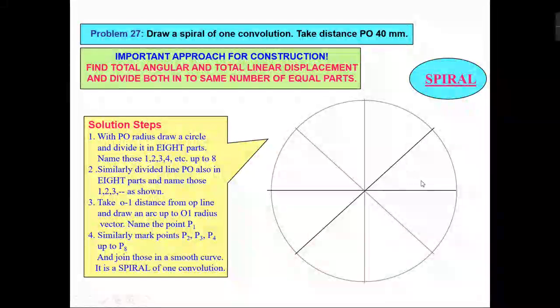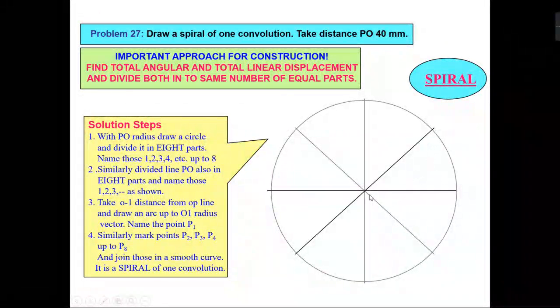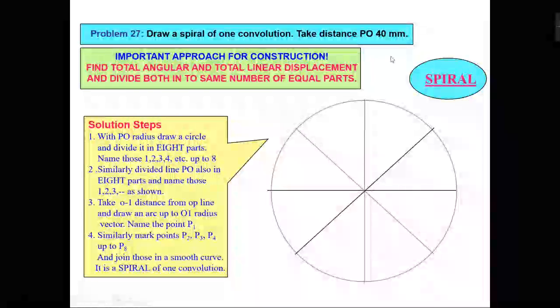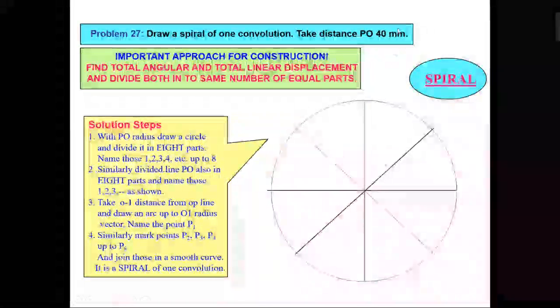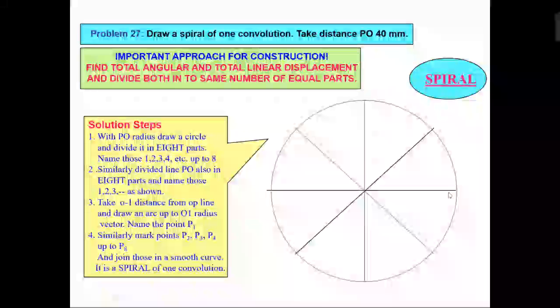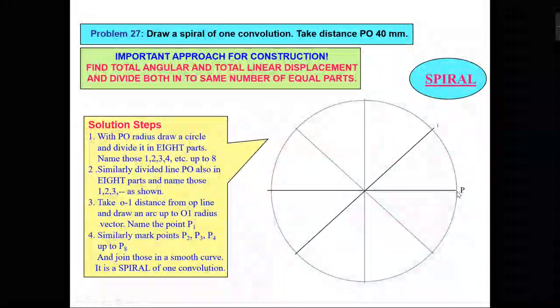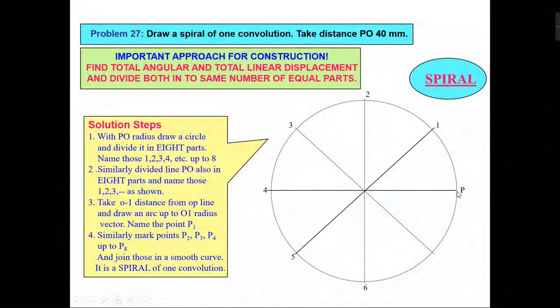So suppose your line moves 30 degrees, then the point will move 1/8 of 40 mm, right? So because of that, we divide the line into 8 equal parts because we have divided the circle into 8 equal parts.